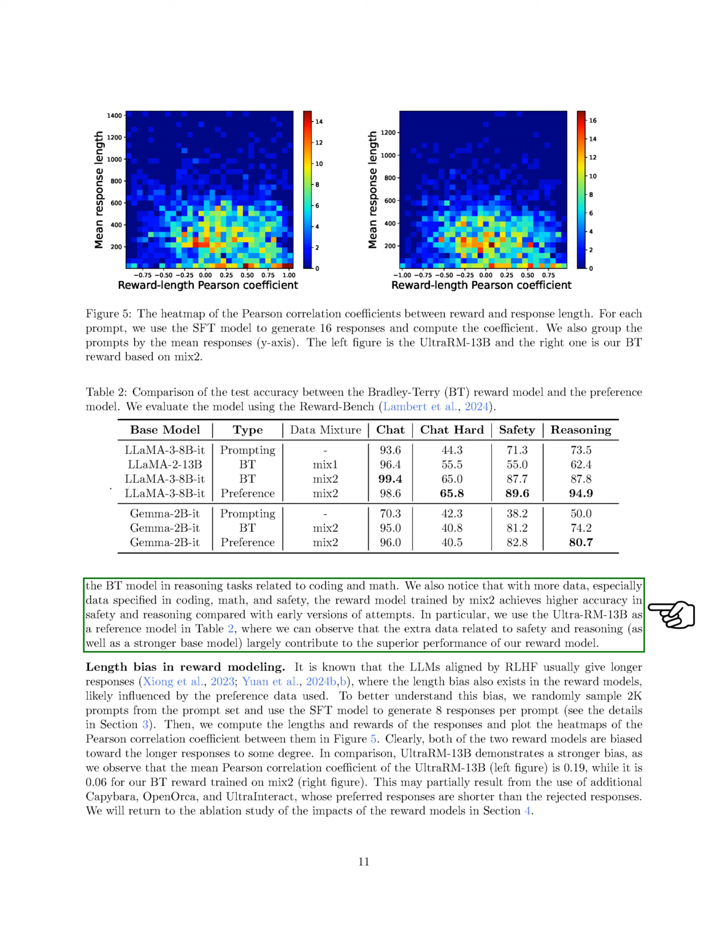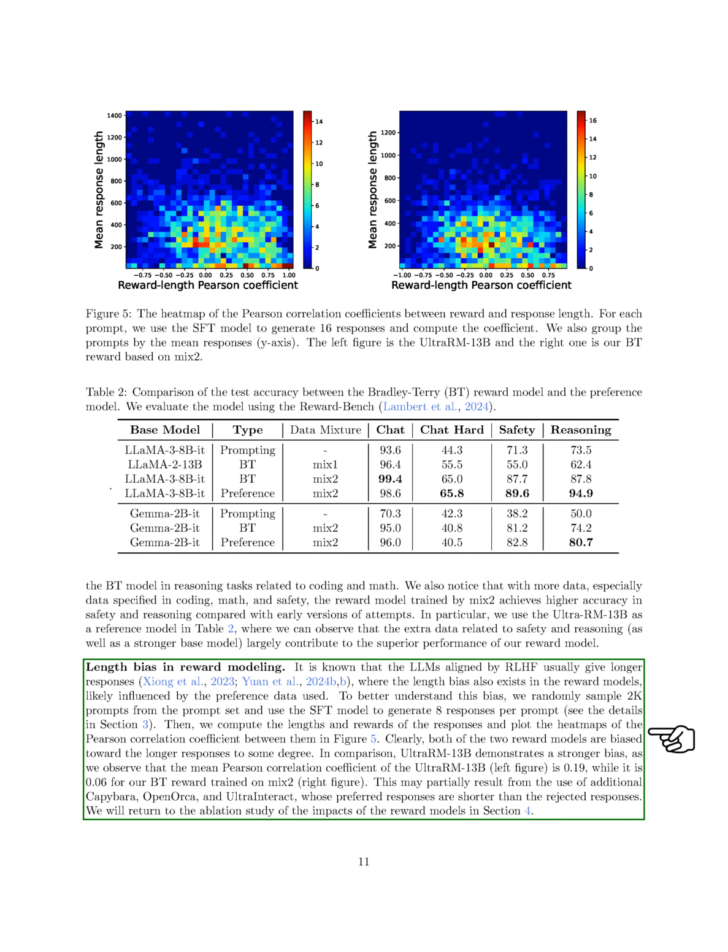The UltraRM-13B reference model demonstrates that additional safety and reasoning data, along with a stronger base model, significantly contribute to the superior performance of our reward model. We also observe a length bias in reward modeling, where responses tend to be longer. To investigate this bias, we randomly sample prompts and generate responses using the SFT model.